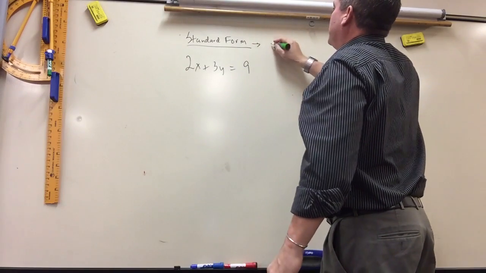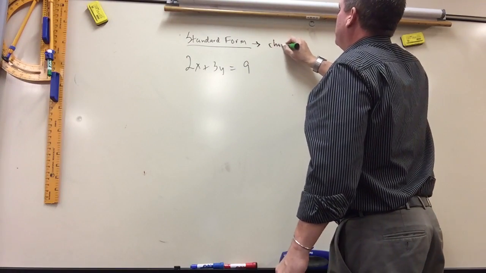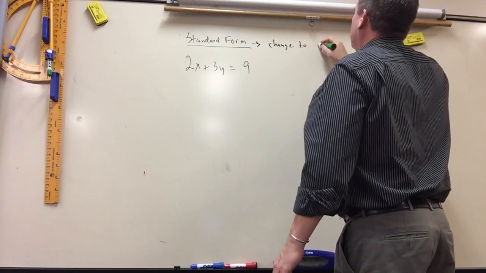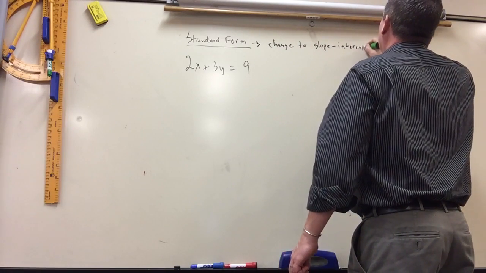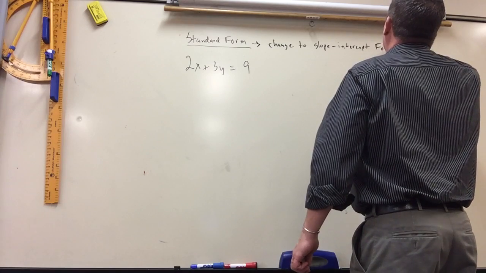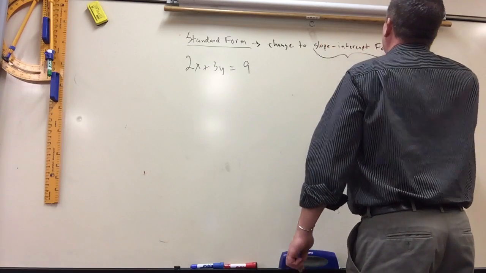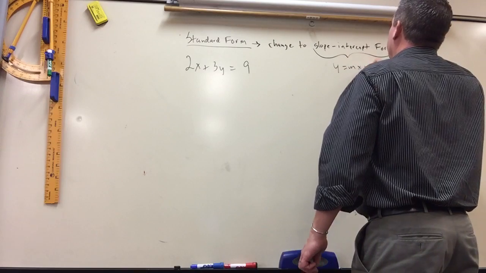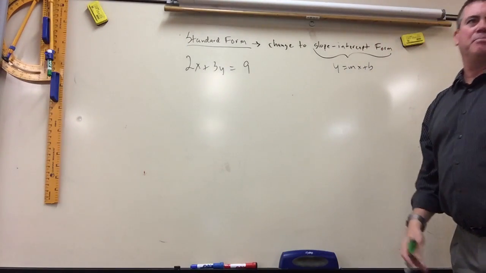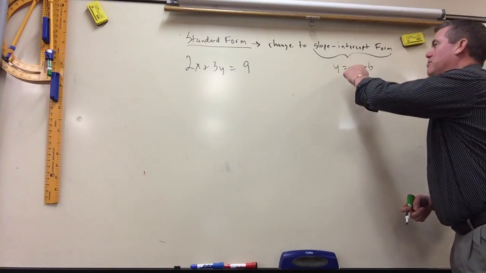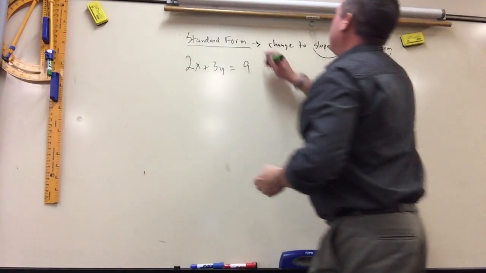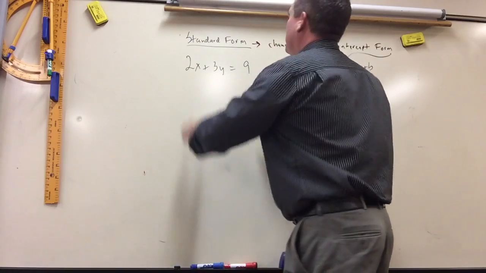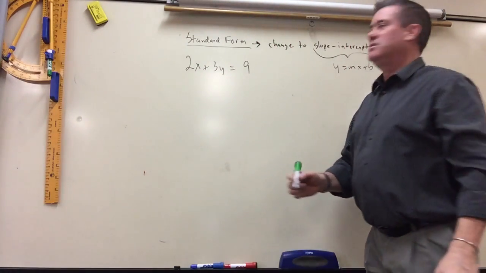And what we're going to do is change to slope-intercept form. Slope-intercept form is y equals mx plus b. I guess I didn't talk about that, but they call it slope-intercept because they give you the slope and they give you the intercept.